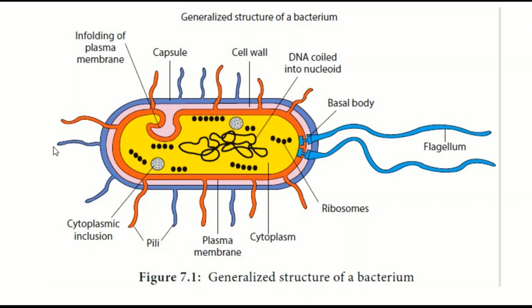This is the general structure of a bacteria. Here as you can see, these are pili, plasma membrane. Now let's discuss the function of each one of them. Firstly, the slime layer, or you can say this is the capsule, and the outer one is called the slime layer.